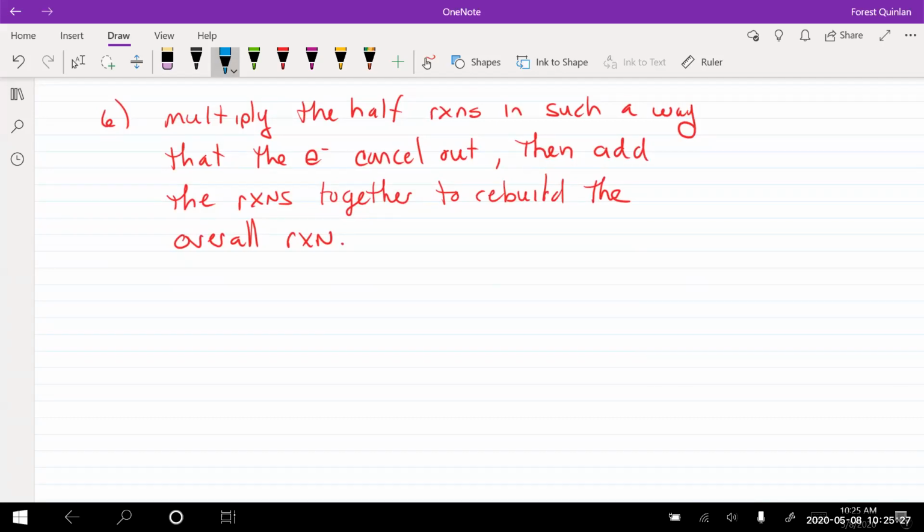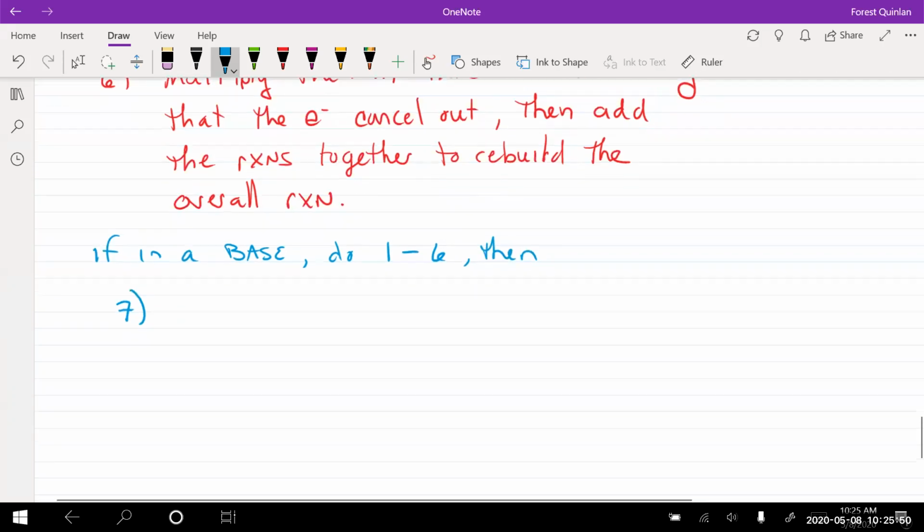Now, if you're doing this in an acidic condition, you are done. I'm going to put the last 3 steps that you would do in a base. If in a base, do 1 through 6, then we just have to convert it.